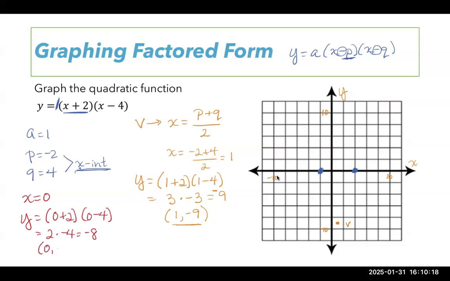So the point 0, negative 8 is on my graph, which is going to be right there. And then reflecting through the axis of symmetry, I know there's also a point right there. And now I can draw my curve.